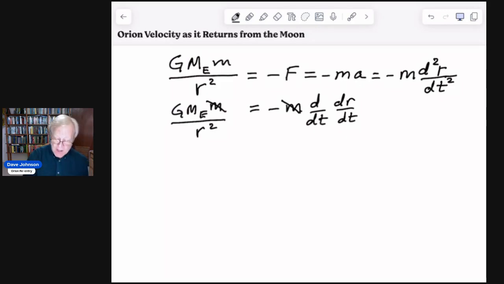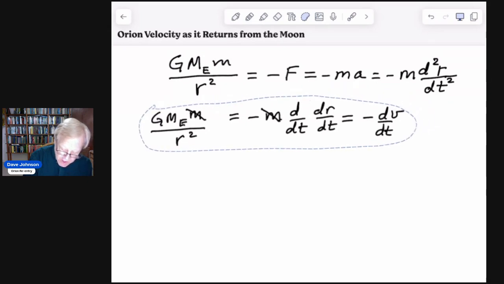And so we're going to end up doing a little bit more manipulation here, so that we get negative d by dt of v, since dr dt is v. So I'm going to write this as negative dv dt. But again, we want to get rid of the t dependence. So let me give myself a little bit more room here.